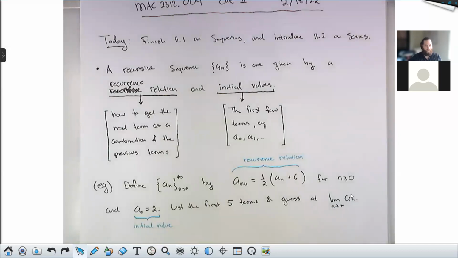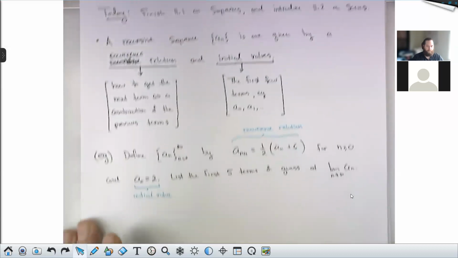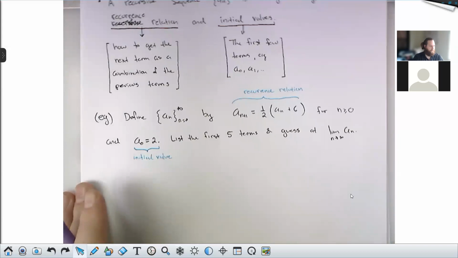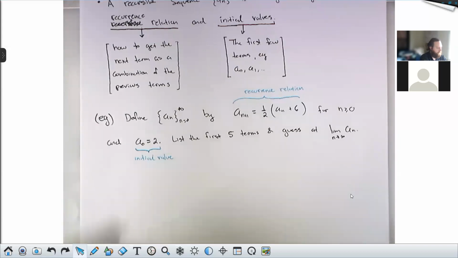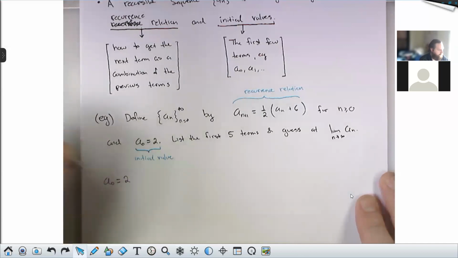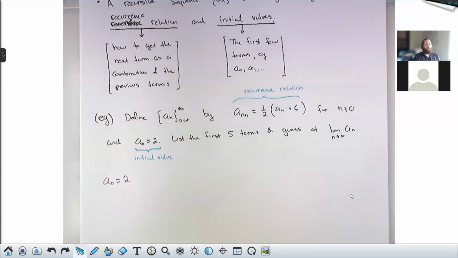Okay. They've told us to list the first 5 terms. So let's try to do that. We know that the n equals 0 term, a_0, is 2. That's my initial value here.